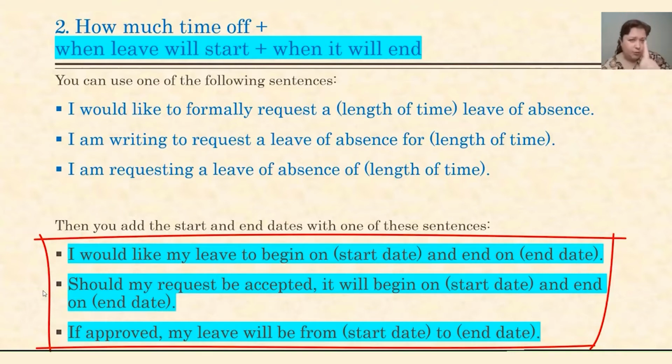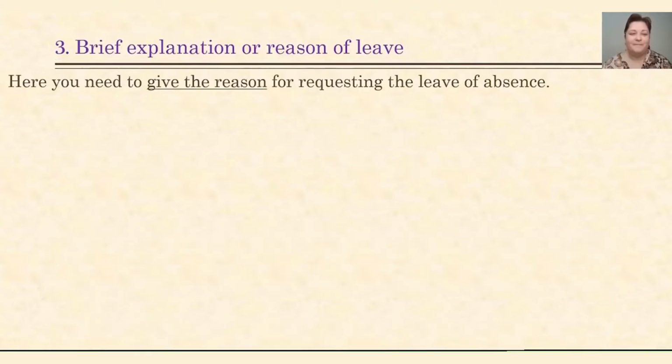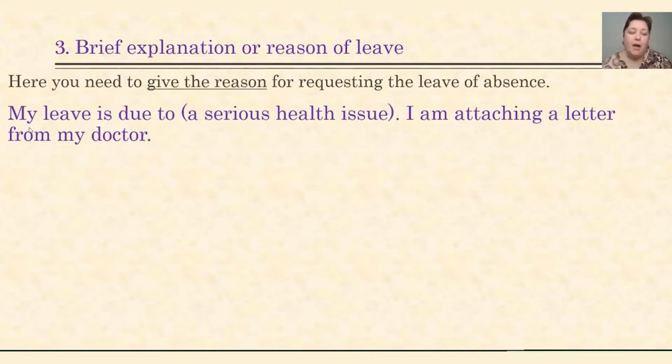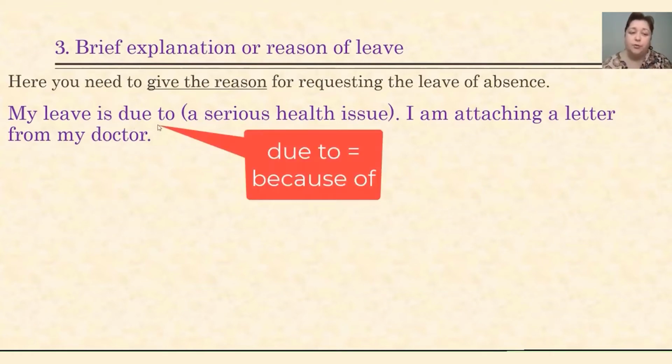So again, you just use one of them. Right. So now we need to give a brief explanation. We need to give reasons why we want to request this leave. Okay. My leave is due to means because of.